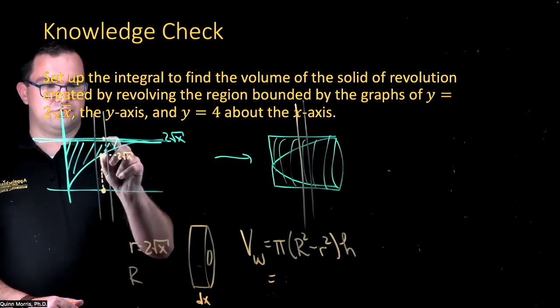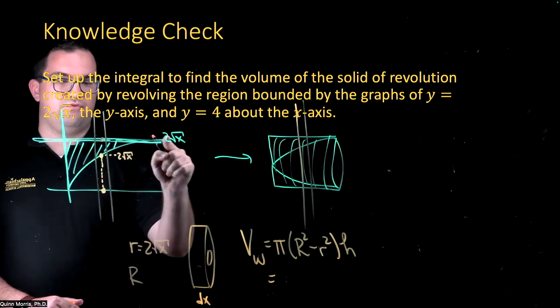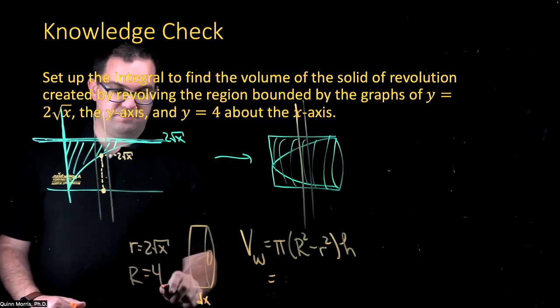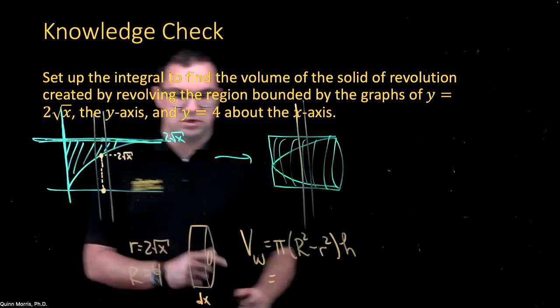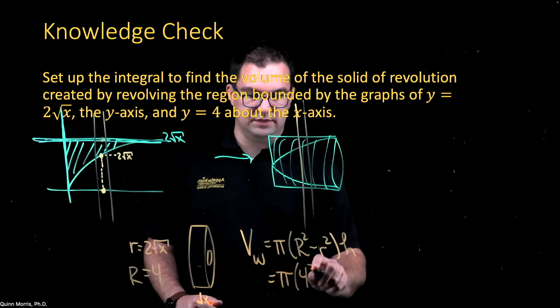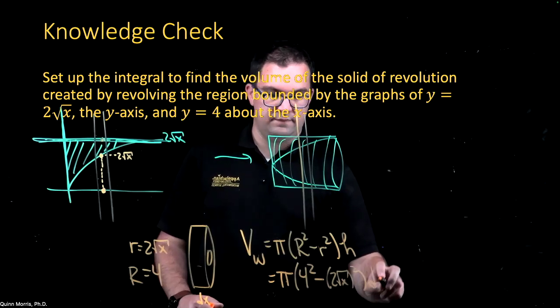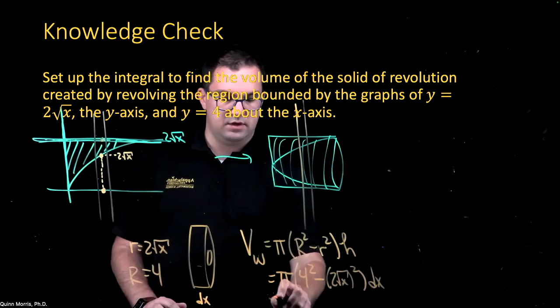My outside radius is actually always this horizontal line, y equals 4. My outside radius is always 4. So the volume here will be pi times outside radius squared minus inside radius squared times height.